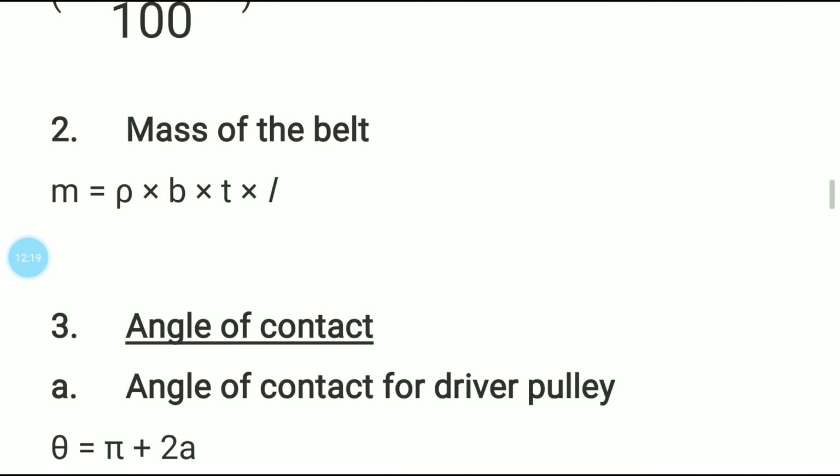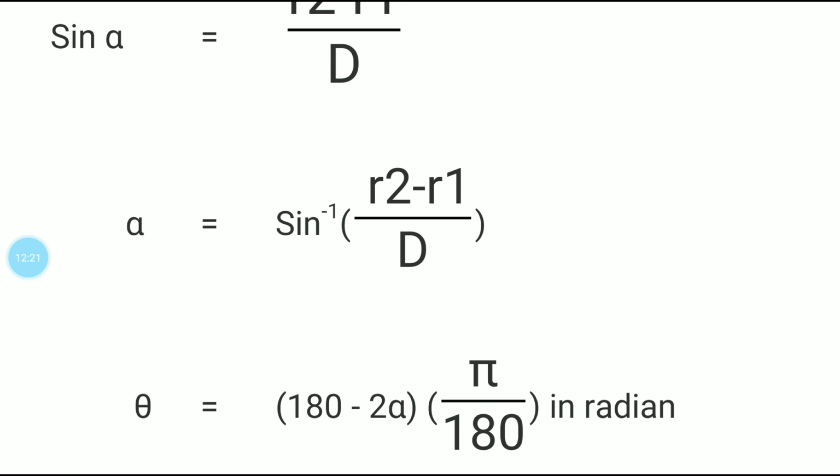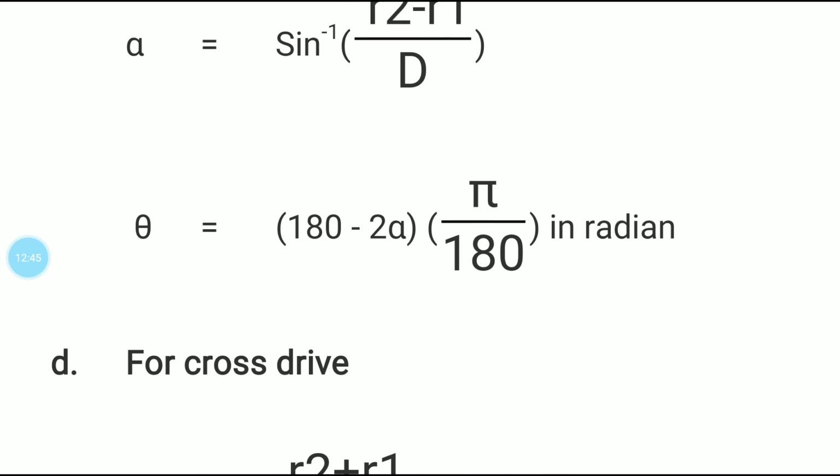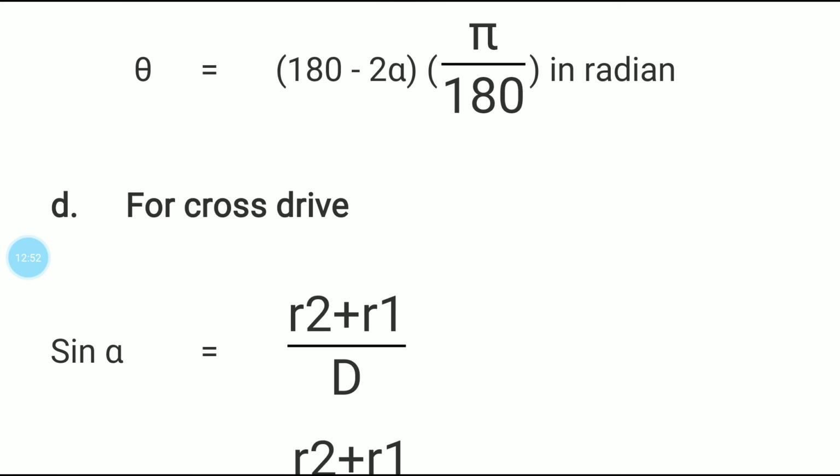If sine is on the left side and goes to the right hand side, it will become sine inverse. 1 by sine, we will write as sine inverse. Sine inverse bracket R2 minus R1 divided by D. This capital D, you already know, is the distance between center of driver and driven. So there is another formula for theta: theta is equal to 180 minus 2 alpha into pi by 180.